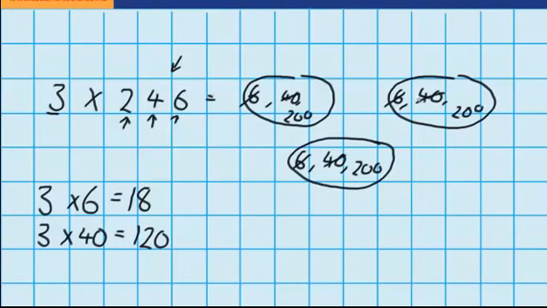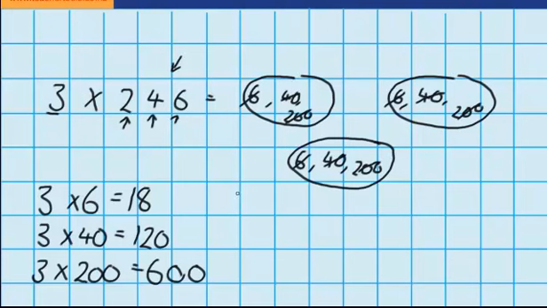Now all I've got left is 200 in all of my groups, so I've got 3 groups of 200, and I know 3 groups of 200 is 600. Now I've worked out all my 200s and there's nothing left in any of my groups.